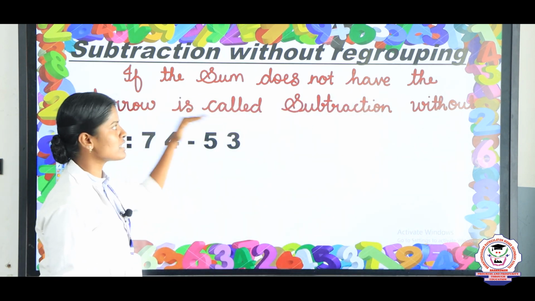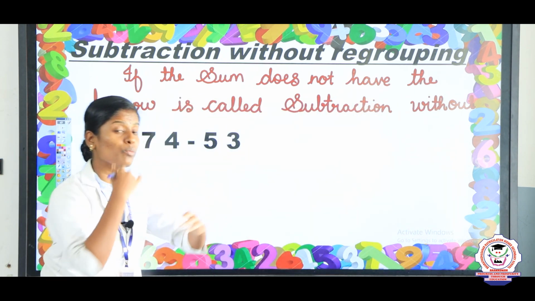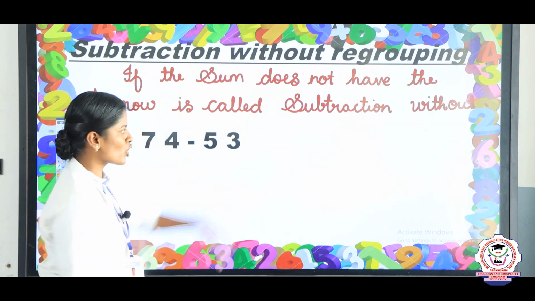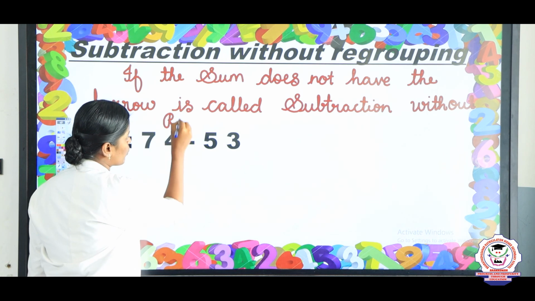So write that down: when we are doing the subtraction problem, if the sum does not have the borrow, it is called subtraction without regrouping.